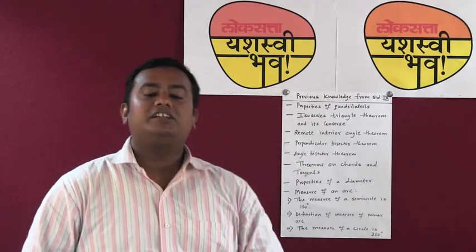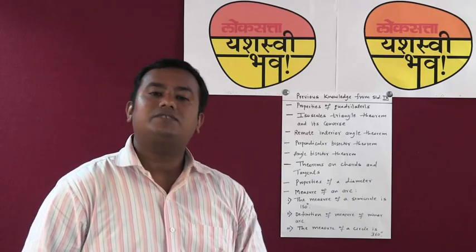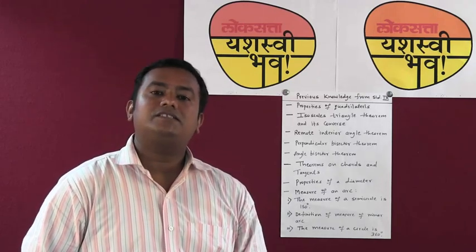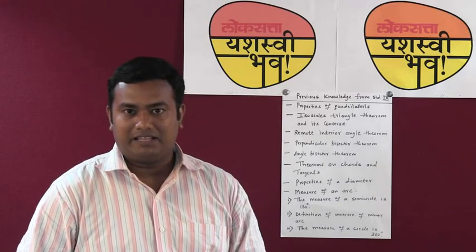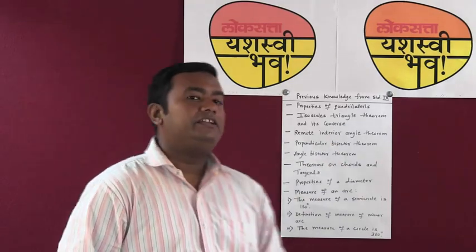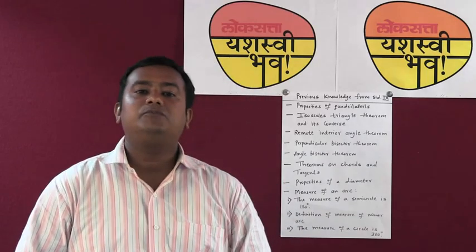Then we have two theorems from standard 9, isosceles triangle theorem and converse of isosceles triangle theorem. Please make sure you know the difference between the converse of isosceles triangle theorem and isosceles triangle theorem. If it is not clear, again open the book of standard 9 and make sure you get it correctly. Then we have remote interior angle theorem. Always there is a mistake between remote interior angle theorem and exterior angle theorem.